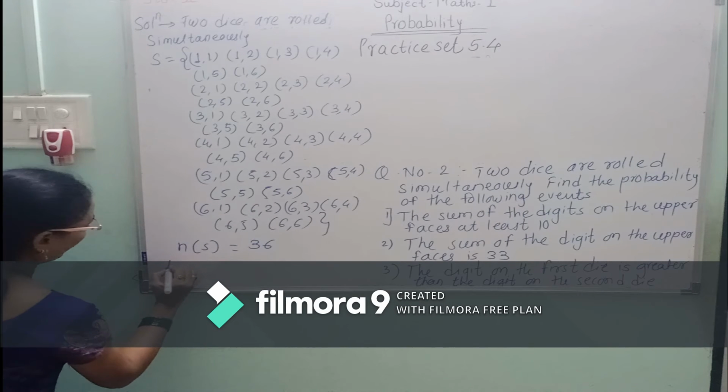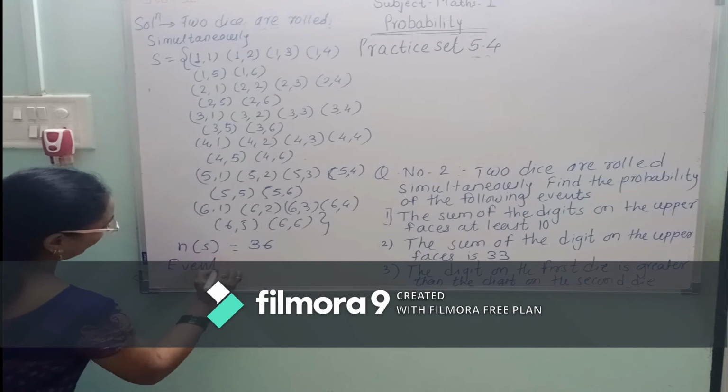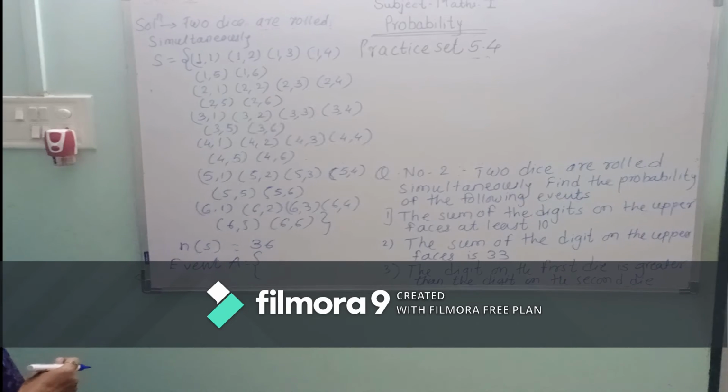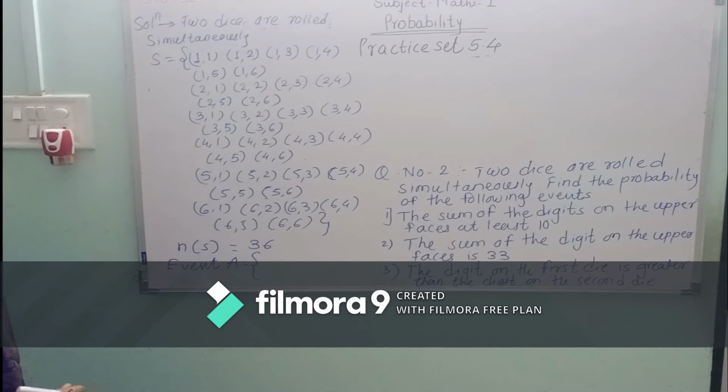Event A: the sum of the digits on the upper faces is at least 10.